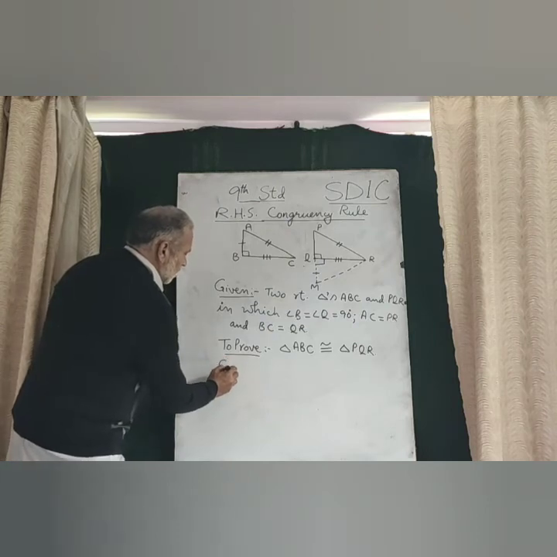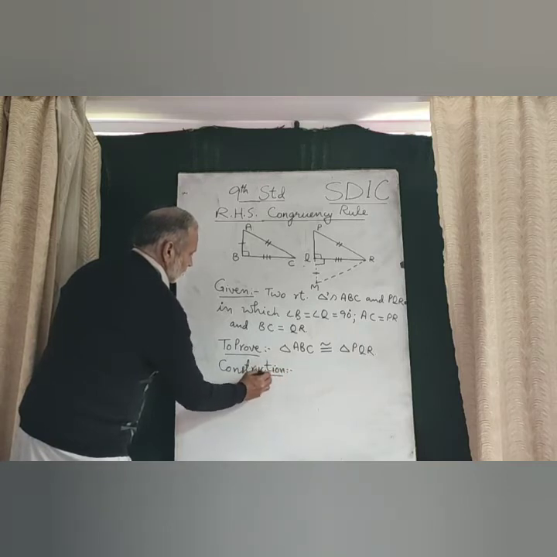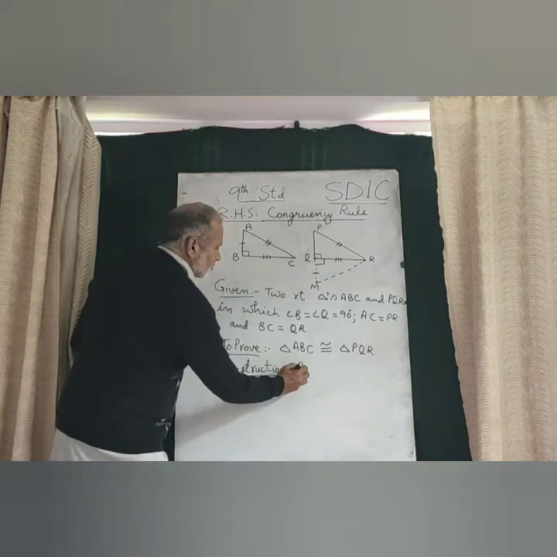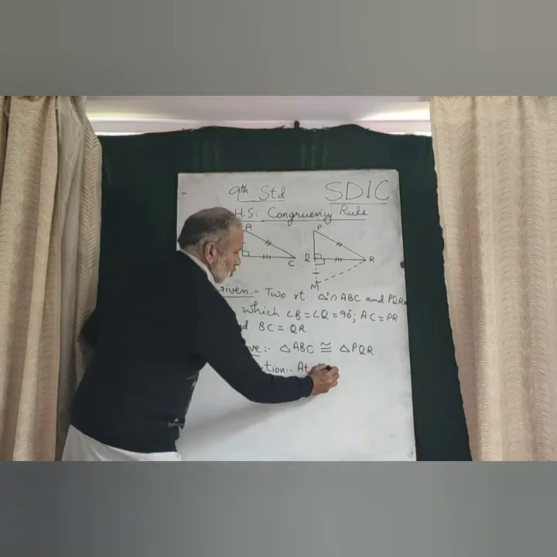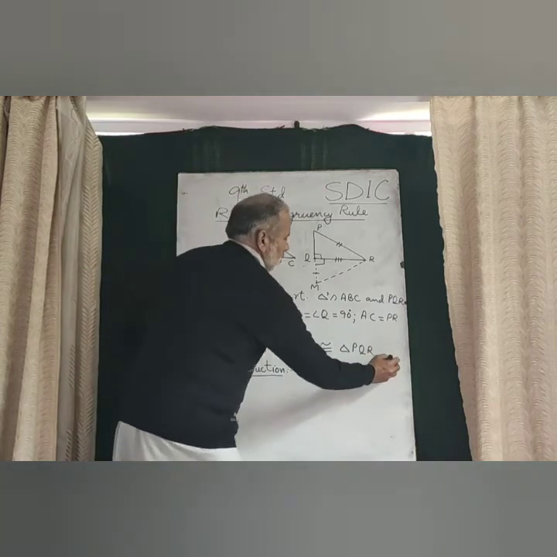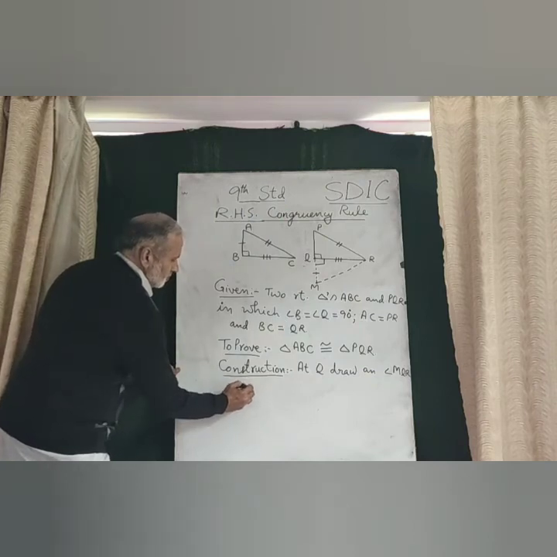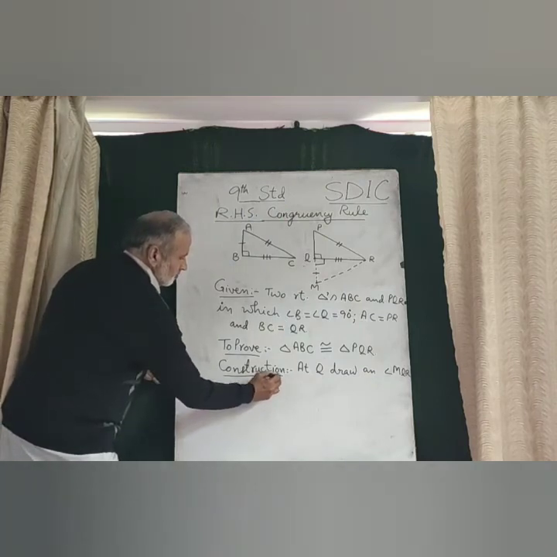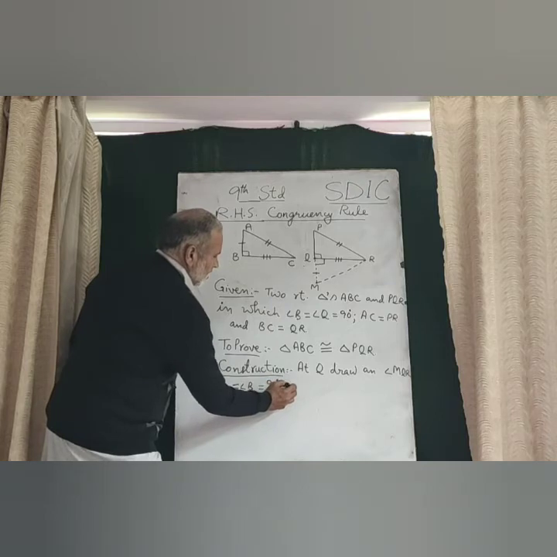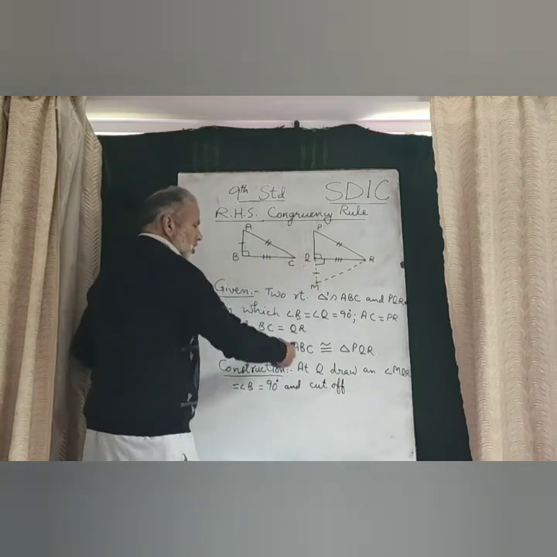To prove this, we did construction, so write construction. The construction is at Q, draw an angle MQR equal to angle B, that is 90 degrees, equal to angle B, and cut off QM equal to AB.